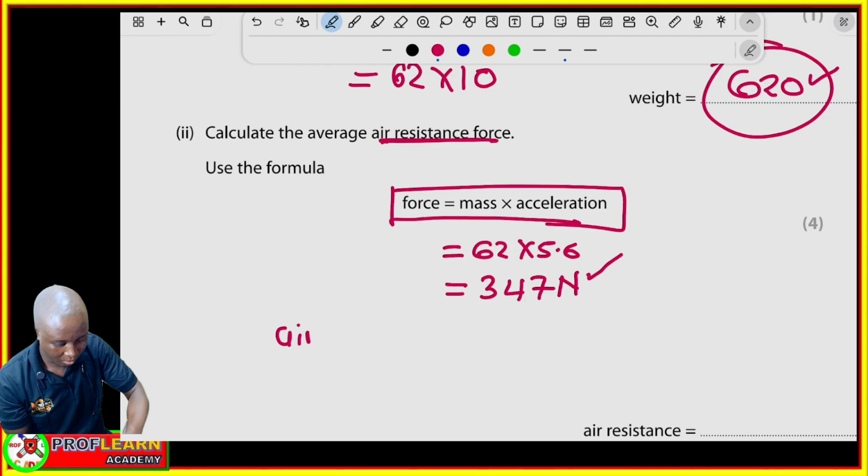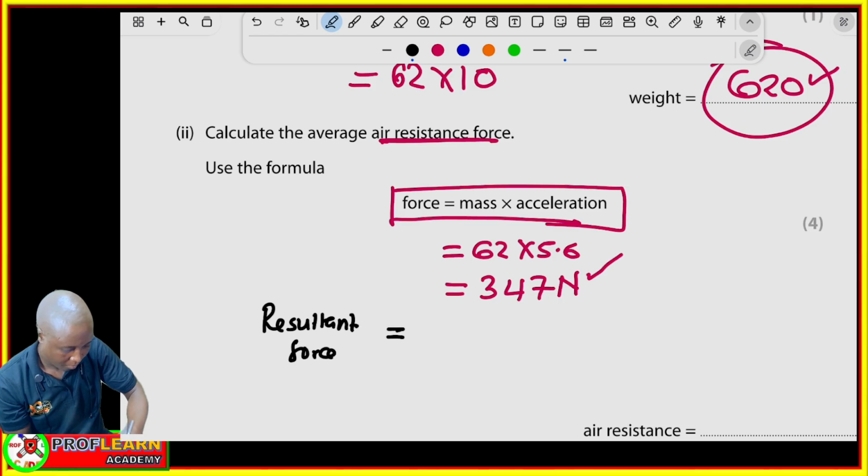Let me write it once more: resultant force equals air resistance minus weight.